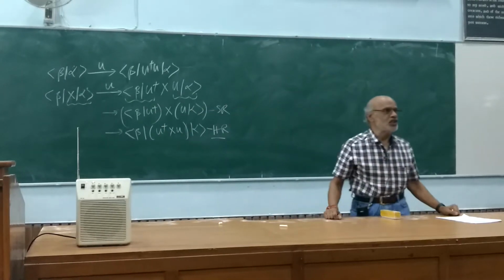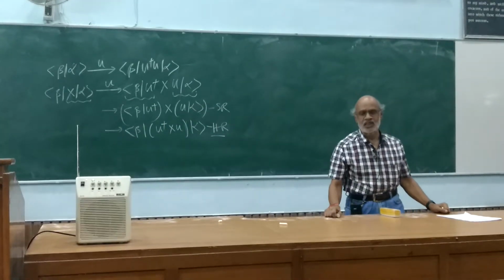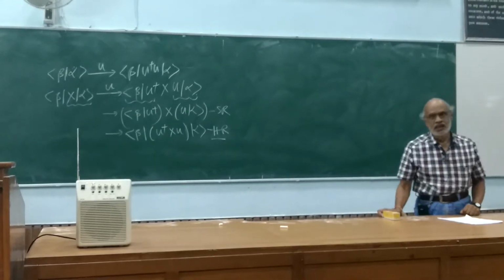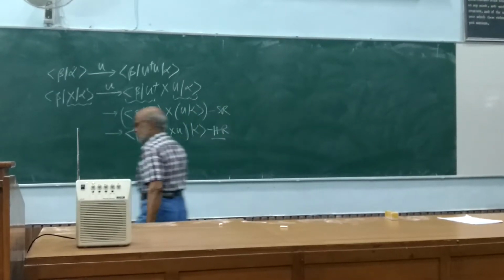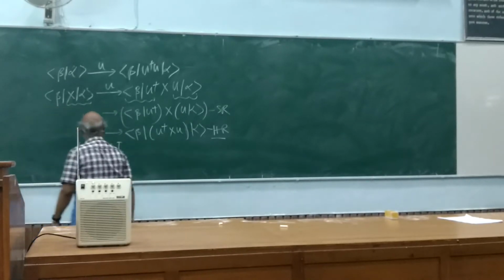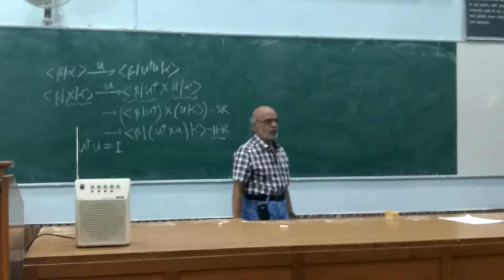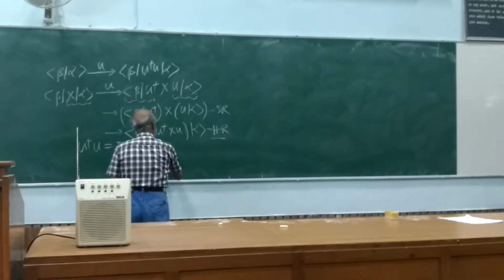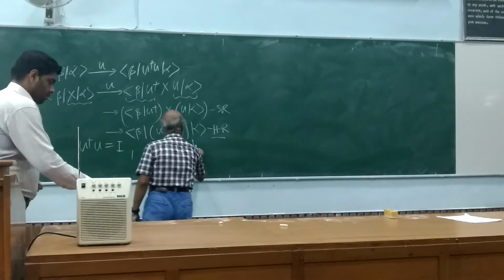And how do these inner products transform under the so-called unitary transformations? For unitary transformations, we have U dagger U equal to a unit operator, where you define a unitary operator by definition.